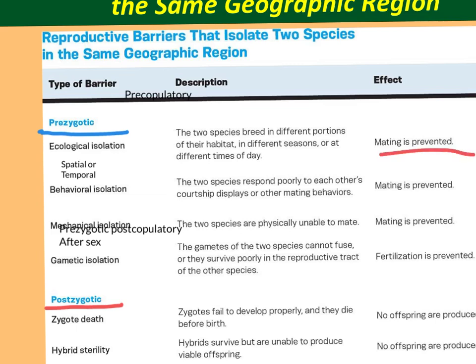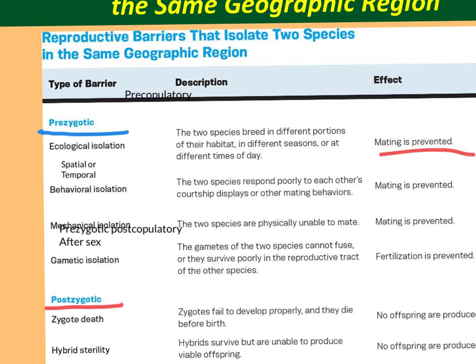Now, behavioral isolation is also prezygotic. It's also part of mating ecology, so it's actually part of ecological isolation, but in this case, behaviorally the two species do not recognize each other as the same species, as having a possibility of being a partner.